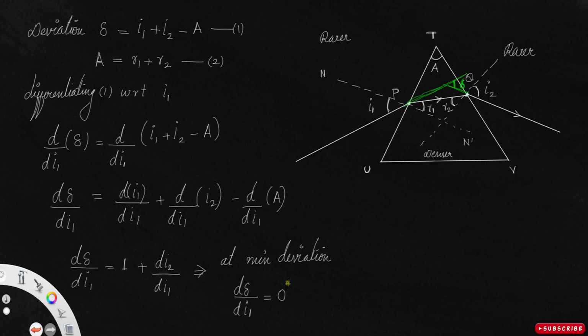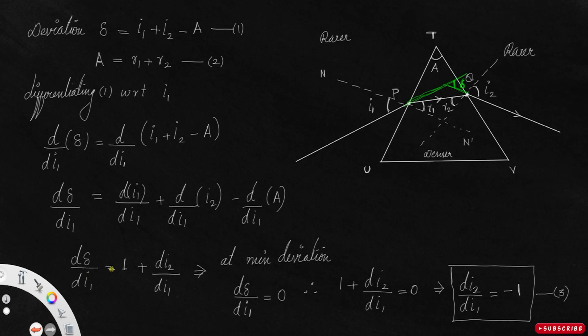Therefore, 1 plus dI2 by dI1 equal to 0 implies dI2 by dI1 equal to, taking this one to the right, it will become minus 1. Okay, so this is the third equation. Let's consider it as equation number 3.